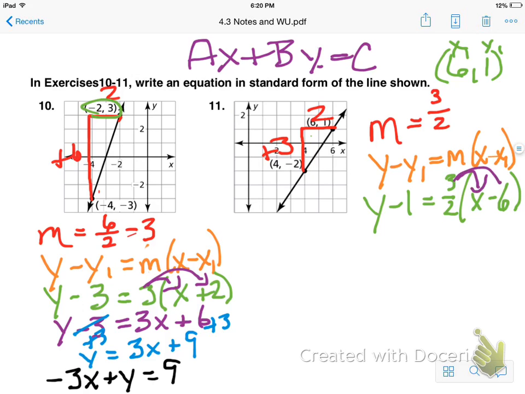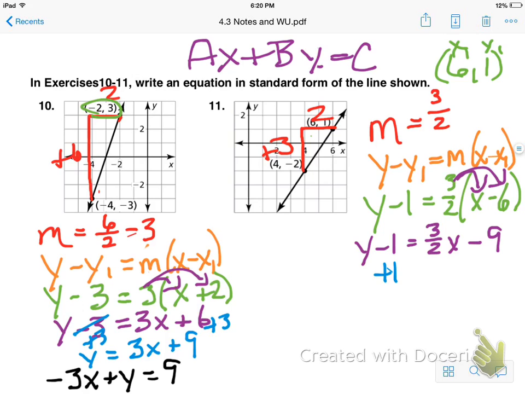So distributive property, we have y minus 1 equals 3 halves x, and then 3 halves times negative 6 is going to give you a negative 9. Again, you can use the calculator if you're not sure.